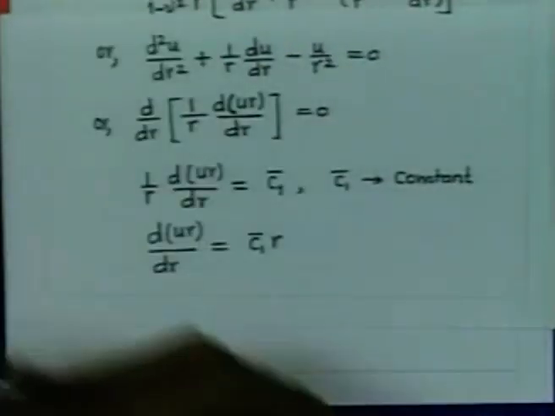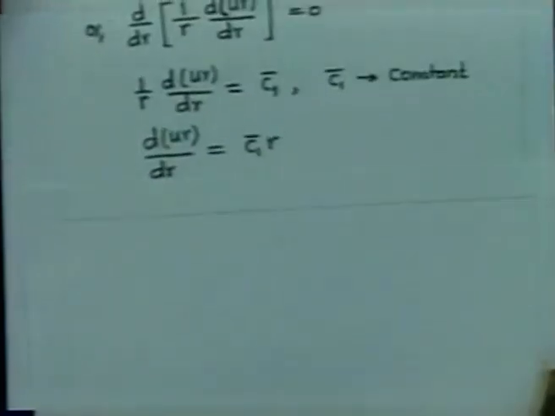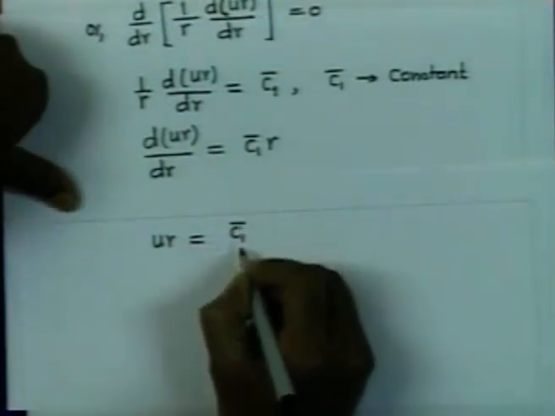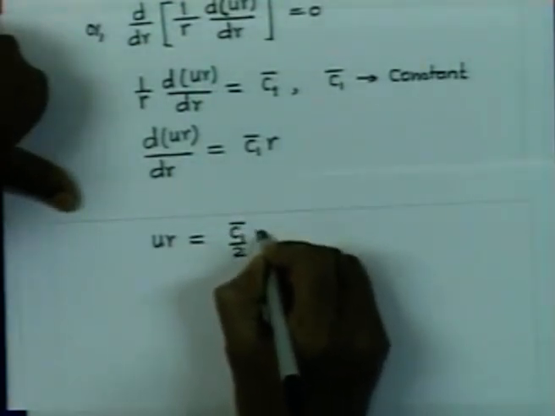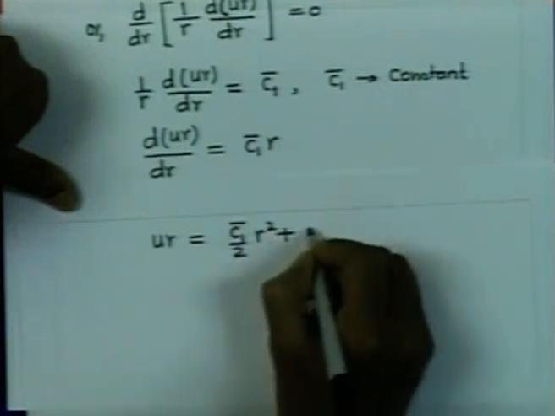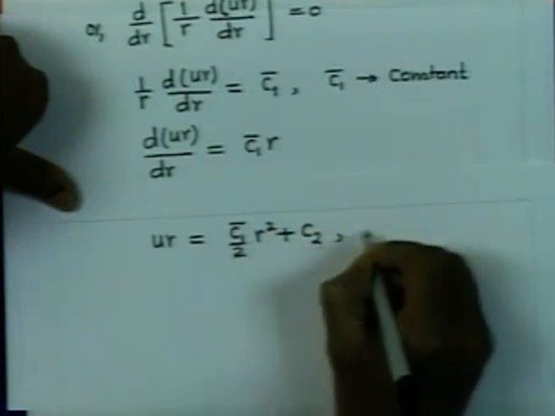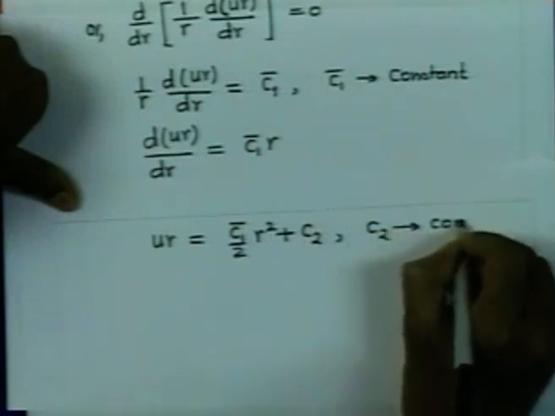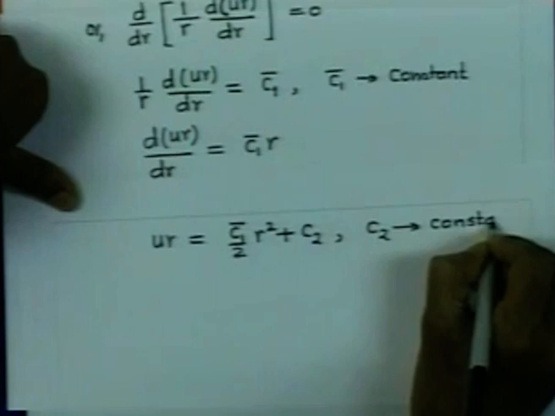So, this can now be further integrated, and we get ur is equal to C1 bar by 2 r square plus some constant, let us say C2. C2 is another constant of integration.